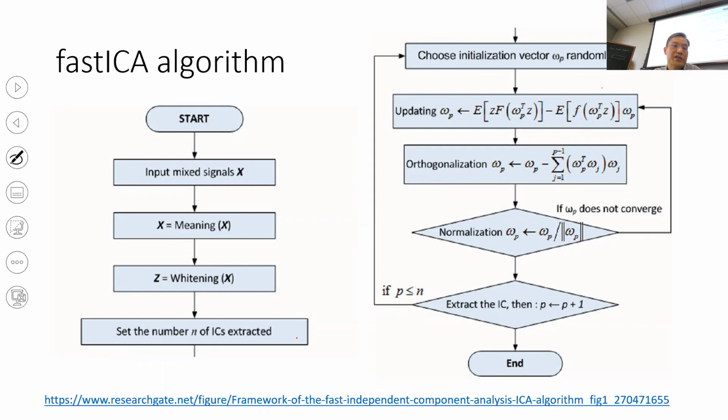You have a mixture signal as input, then centering the mean and whitening, and then set the number of components n. This has to be determined, and then through this procedure, at the end you extract the independent components.